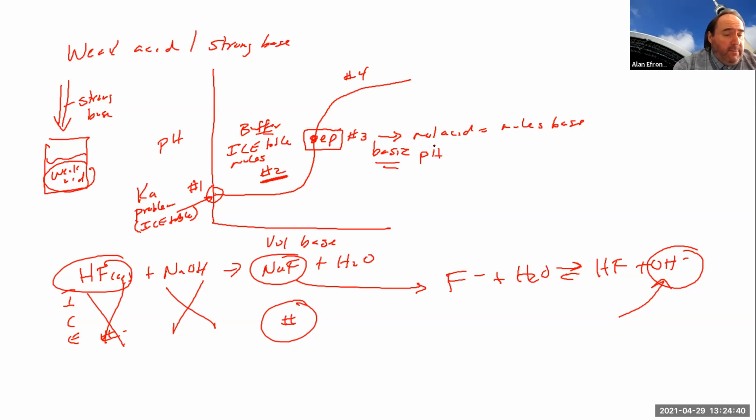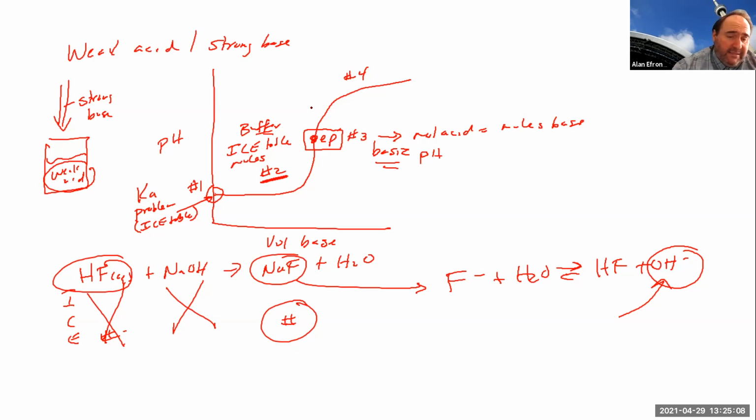The second ice table is really a hydrolysis problem with water and basically solving for X. When you solve for X in this case, it will equal the hydroxide concentration. And that, again, much like we just talked about a second ago, will allow you to go from pOH to the pH. So again, a little bit more work, obviously, than what we have in a strong acid, strong base, where the pH is going to be 7.